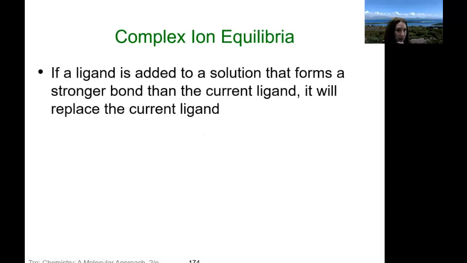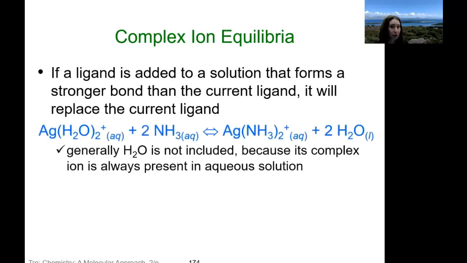The one that we have a lot in our lab is ammonia. If you look, a lot of our complex ions are with ammonia, because ammonia is a really, really good ligand. If a ligand is added to a solution that forms a stronger bond than the ligand that's already bonded, it'll replace it.